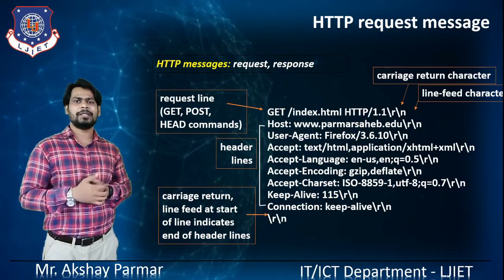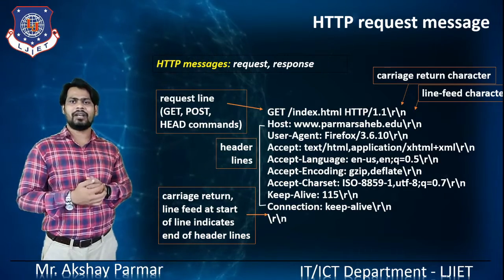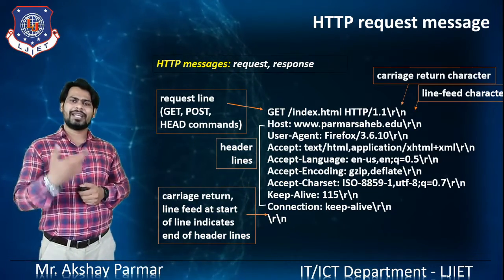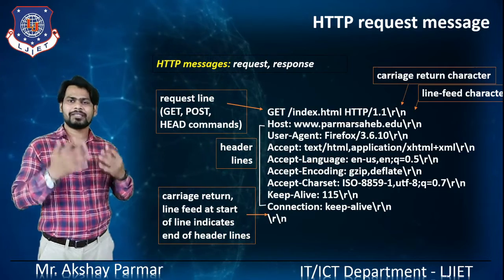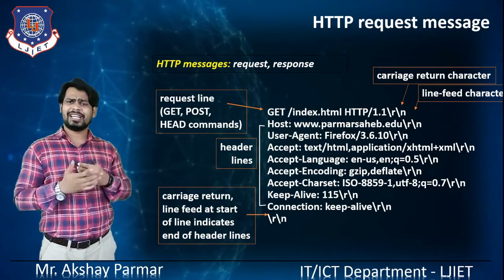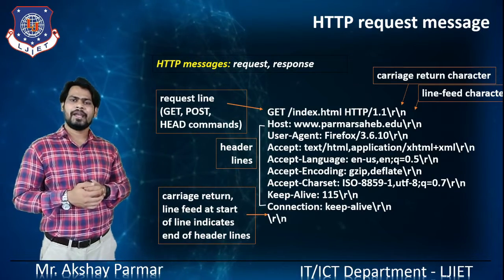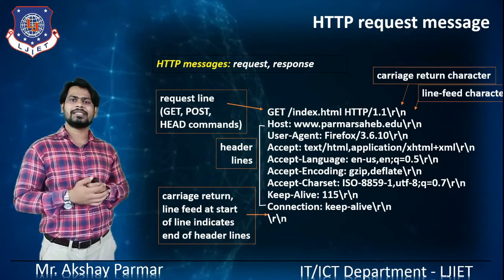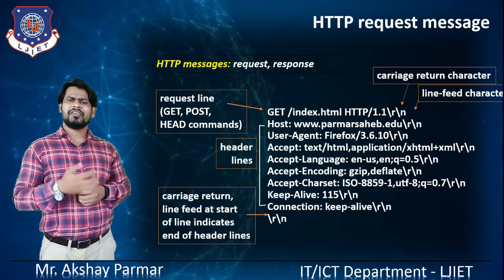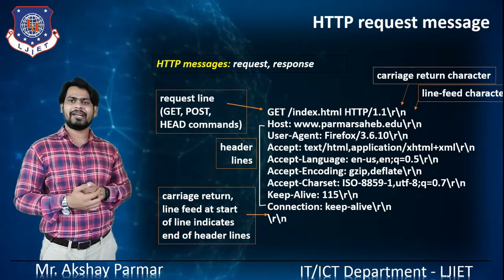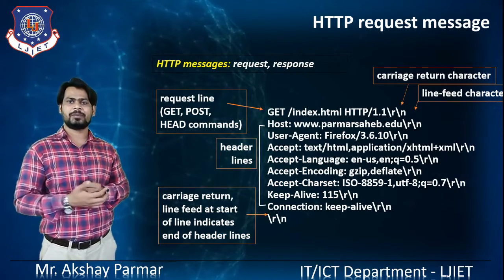As an example, in the header line, the host name indicates the server name, right? The web server name is contained in the host itself. After that, the user agent: whichever browser the user has, the user agent information is there, right? The Firefox browser and version 3.6.10 is there, right? After that, the acceptance criteria in the context of this request or response, right?